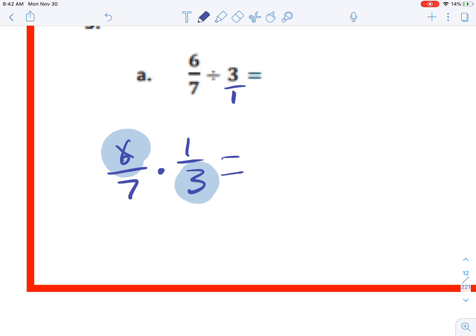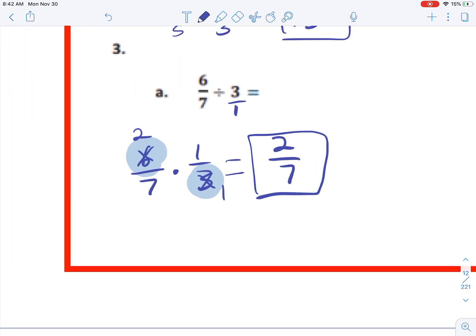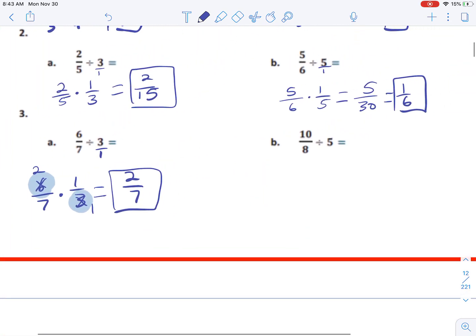So this can turn into a 2, and this one turns into a 1, because both of them can be divided by 3. So now I get 2 over 7, and I don't have to simplify my answer anymore. I can simplify before I get my answer.